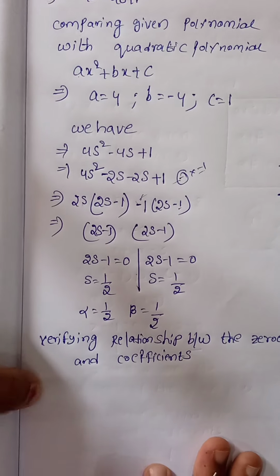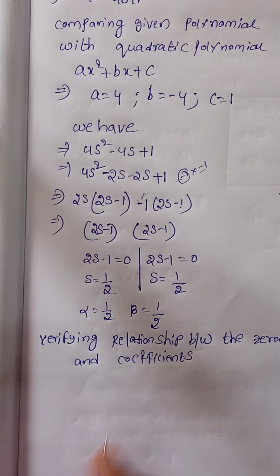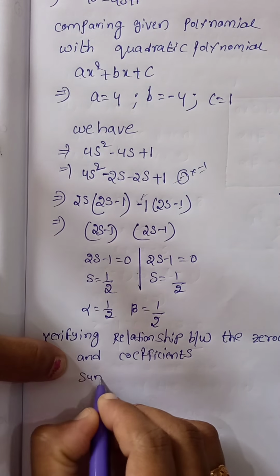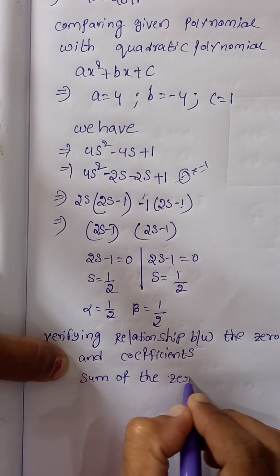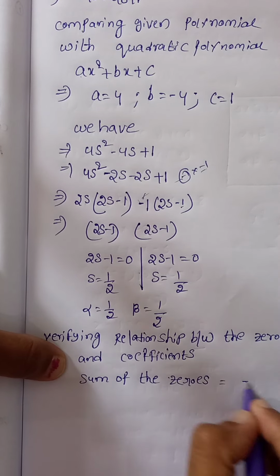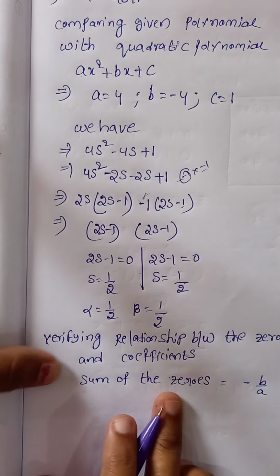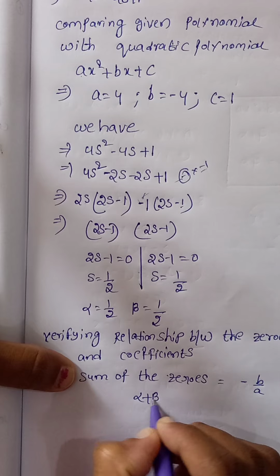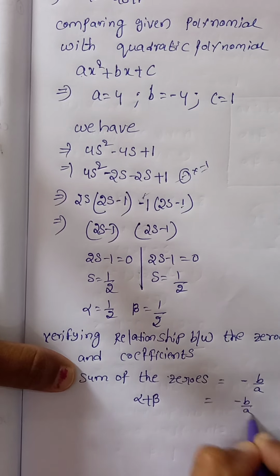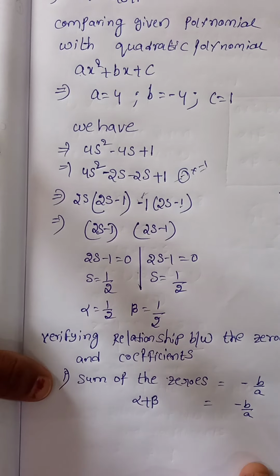What are the relationships we have? Sum of the zeros equals minus b by a. Sum of the zeros is alpha plus beta. Alpha plus beta equals minus b by a. So this is the first case.